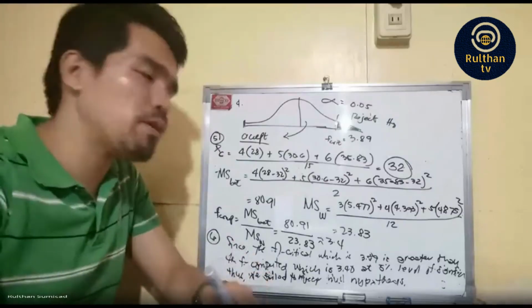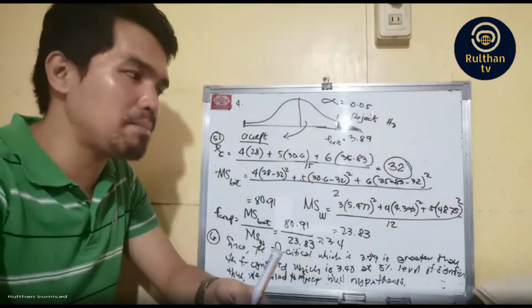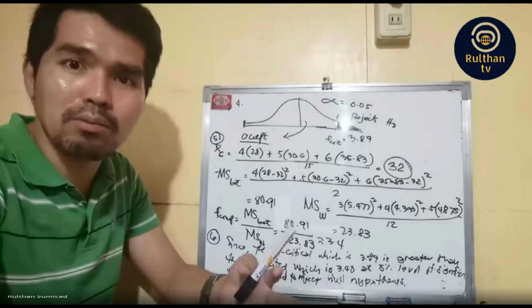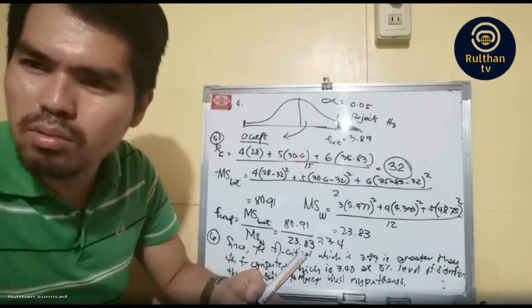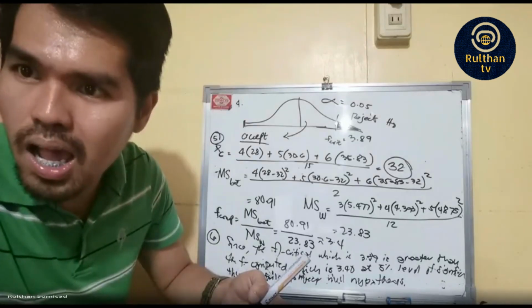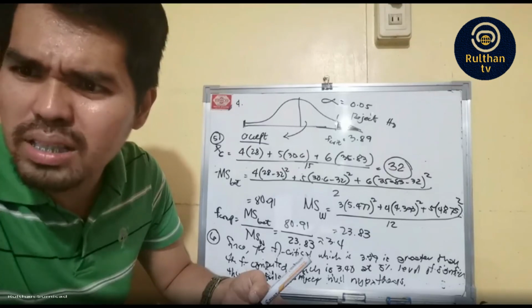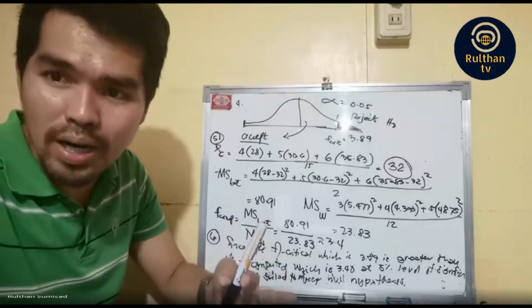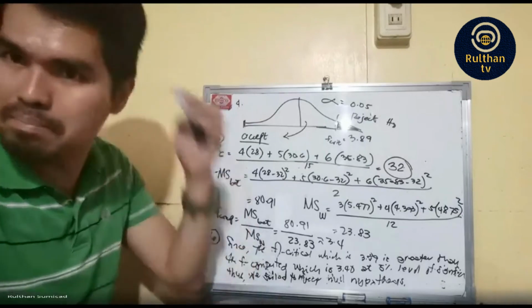So we may say that since we fail to reject the null hypothesis at 5% level of significance, it implies that statistically there is no significant difference between the mean of the optimism score of the three groups.